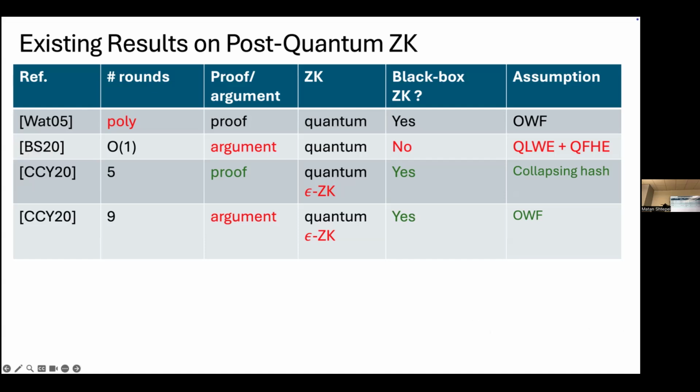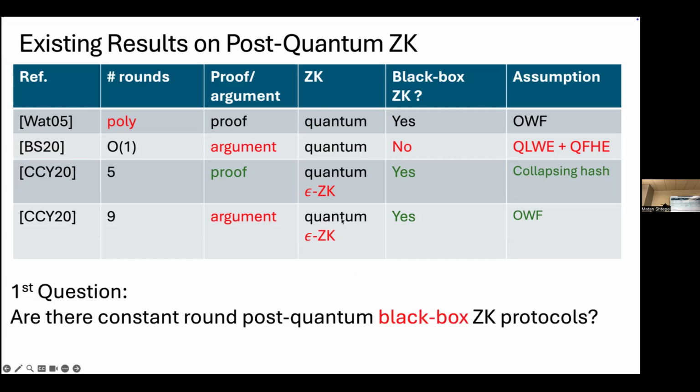So, okay, after seeing all this, maybe the first question to ask is whether there are constant round post-quantum black box zero knowledge protocols. Intuitively your answer may be no, because we don't even have that for classical malicious parties.